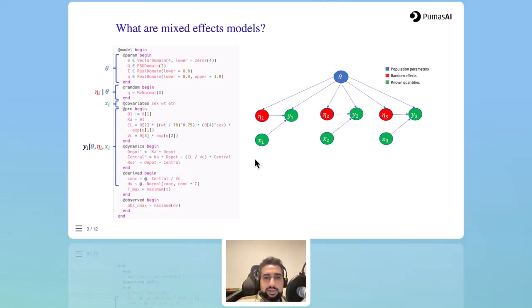But in nonlinear mixed effects models, or in DeepPumas, one way to think of these random effects in general is as individual degrees of freedom that we can freely optimize. They don't necessarily have to be used as deviations from a typical value. You don't necessarily have to assign a meaning to them.